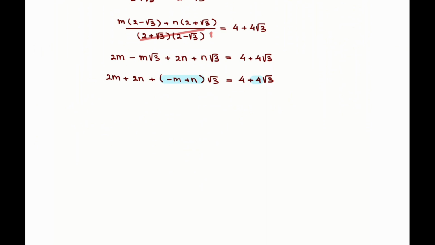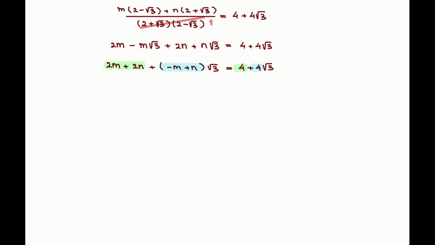And of course, 2m plus 2n must equal 4 here. So you can conclude that 2m plus 2n equals 4, and then negative m plus n is also equal to 4.